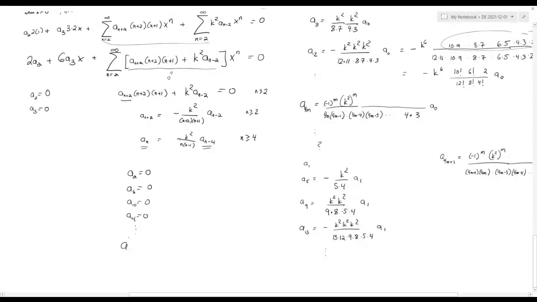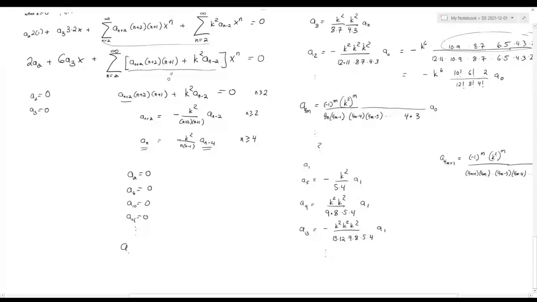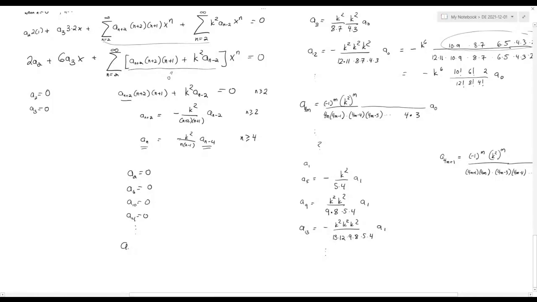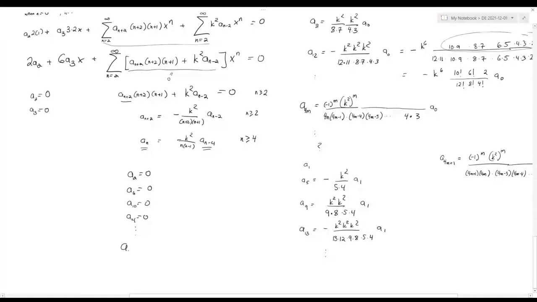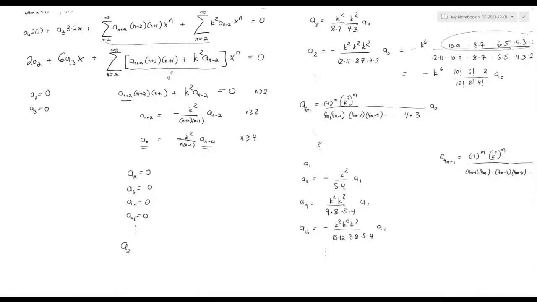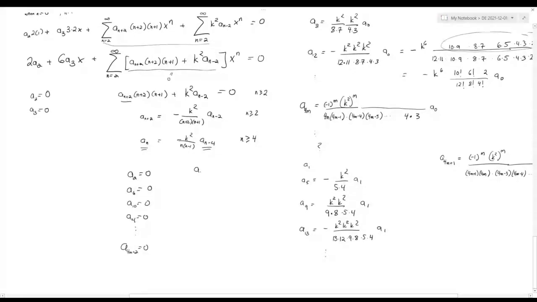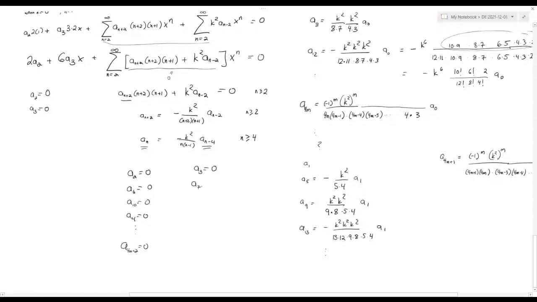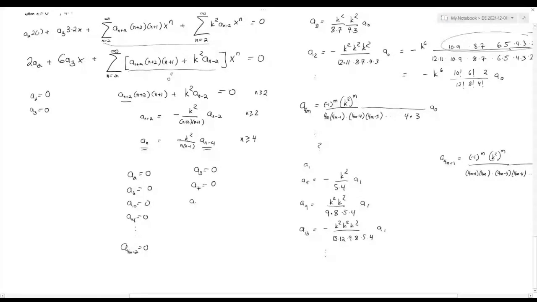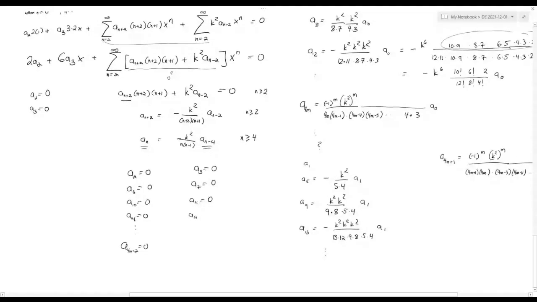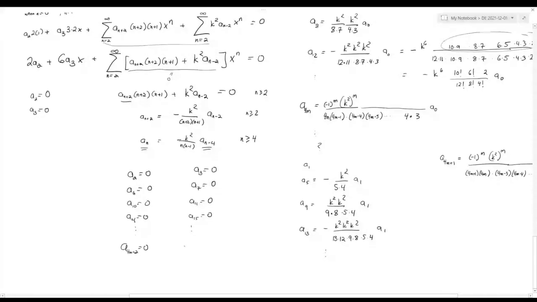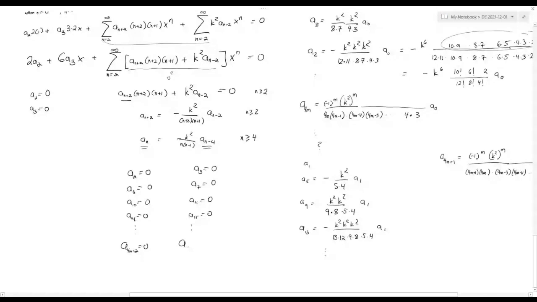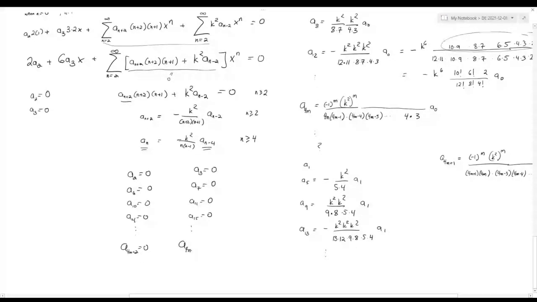So any multiple of 4 plus 2 index is going to give us a coefficient which is 0. And then since a3 is 0, according to the recurrence, a7 is 0, a11 is 0, and so on. a15 is 0. So any term in the sequence with an index that's a multiple of 4 plus 3 must be 0.